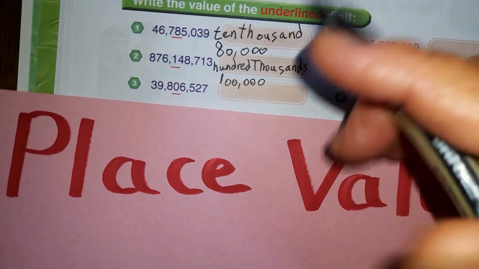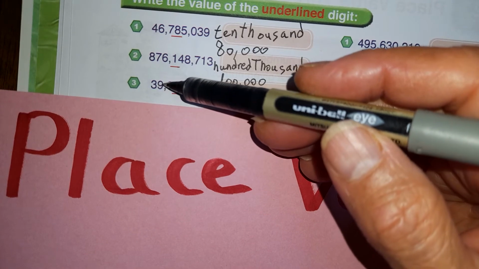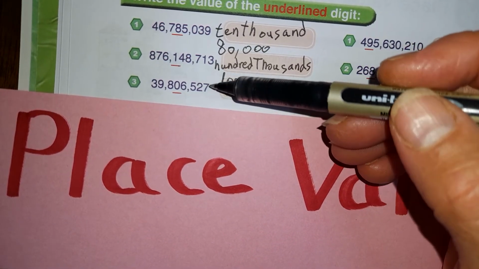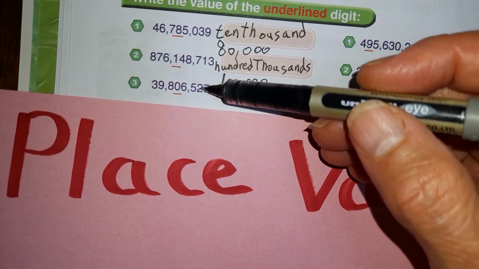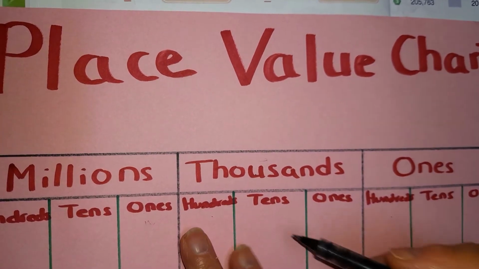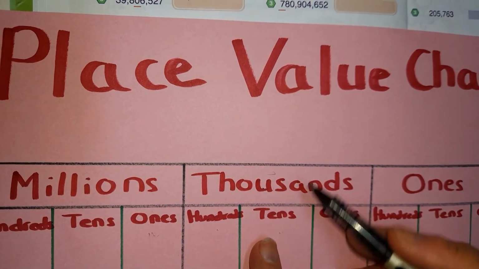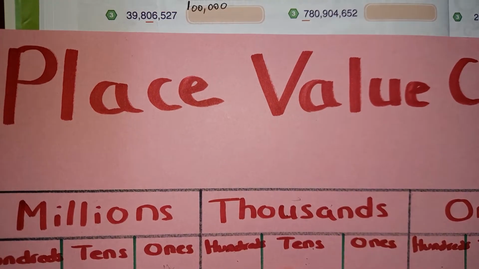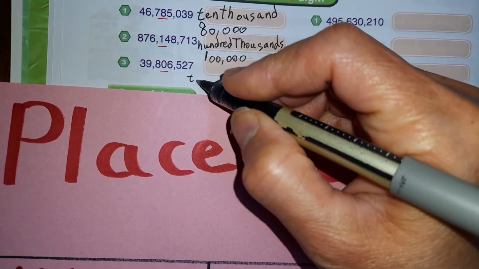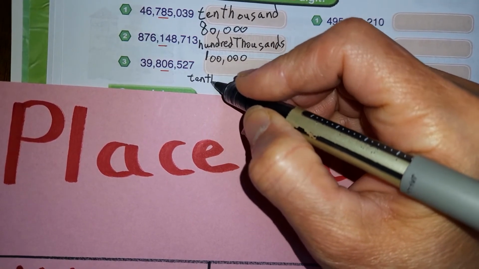Let's go to number 3. 39,806,527. 1, 2, 3, 4, 5. It means 10,000. The name of the period is 1,000. So it is 10,000.